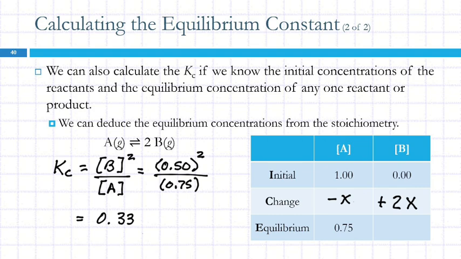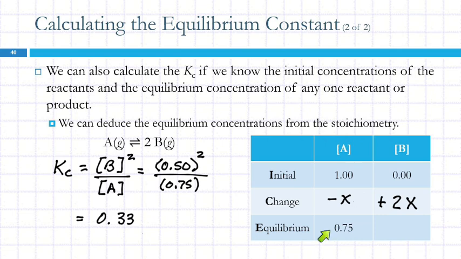So put the changes in with respect to an x, and the reactant here was going down, so it's minus x. The product is going up, so it's plus. And then you look at the equation, and whatever the coefficients are, you put that in front of the x.